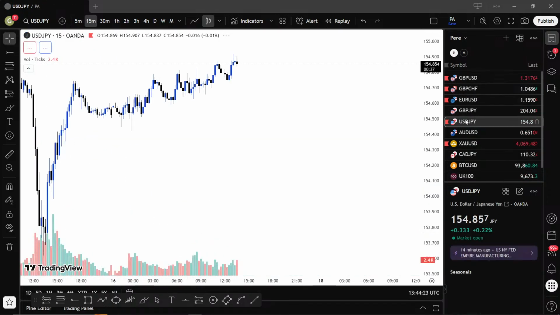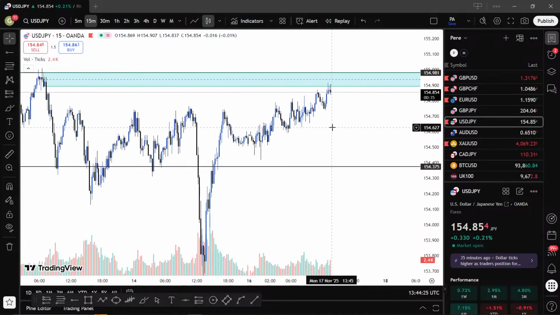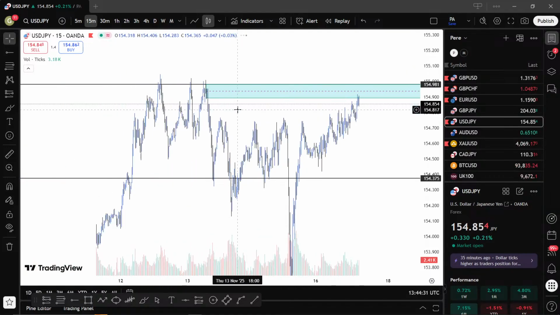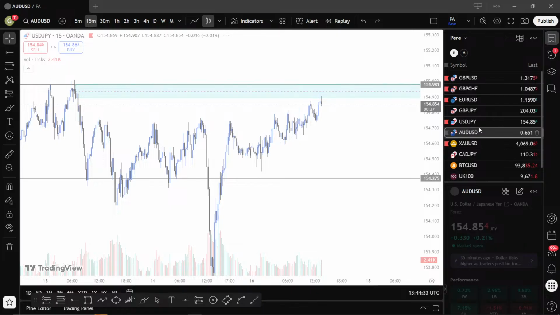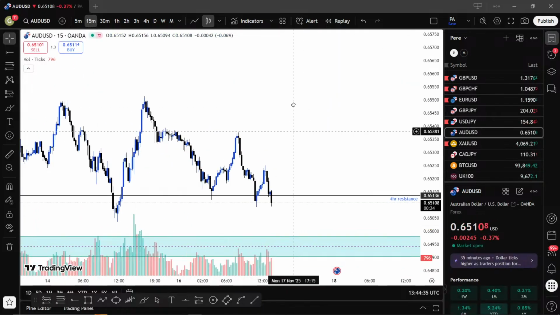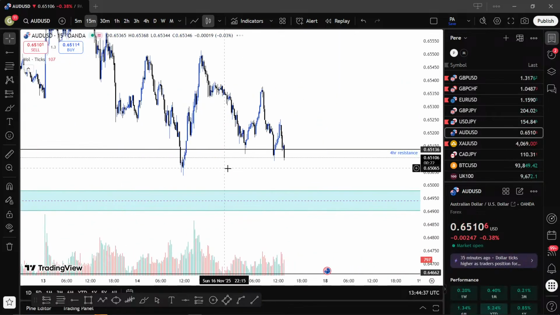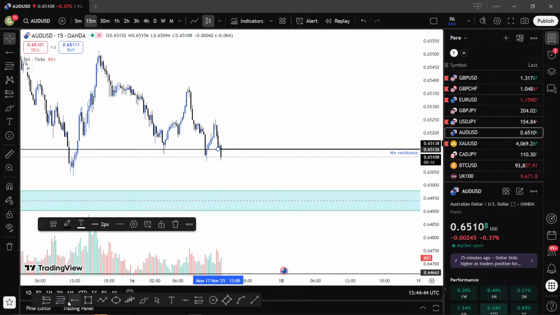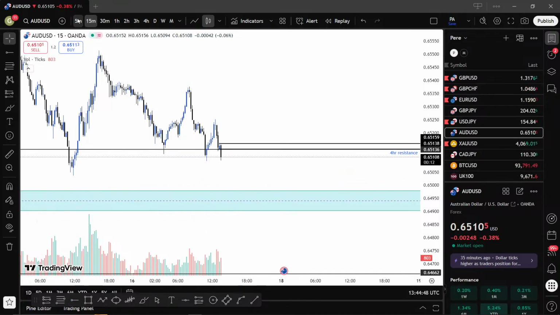Let's take a look at another USD pair, which is USD JPY. For USD JPY, it's actually on my long-term sell level. So let me just keep that and look at AUD USD. Now looking at AUD USD, it's also on the sell side already. Let me drop down to the 5-minute time frame.